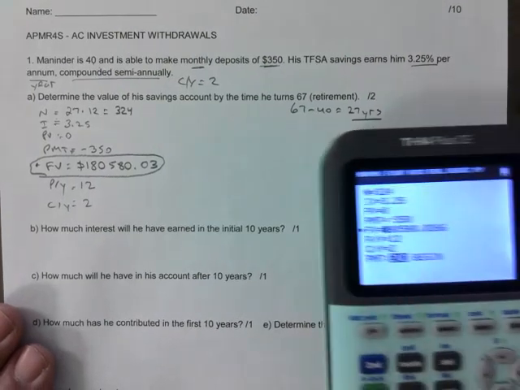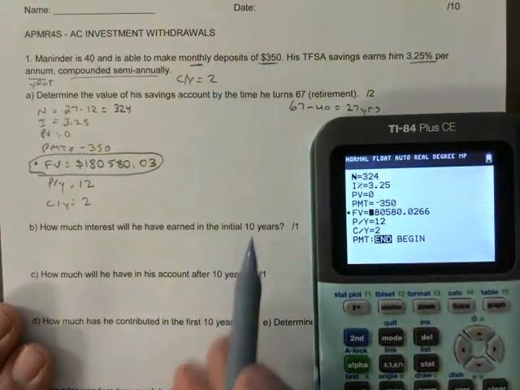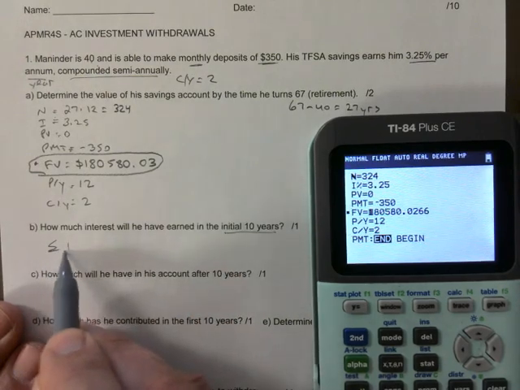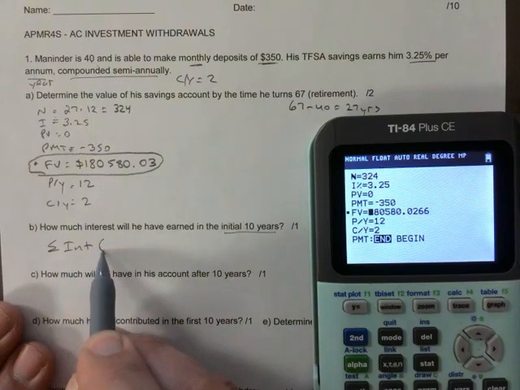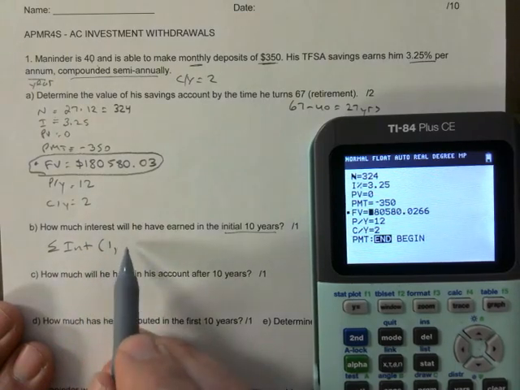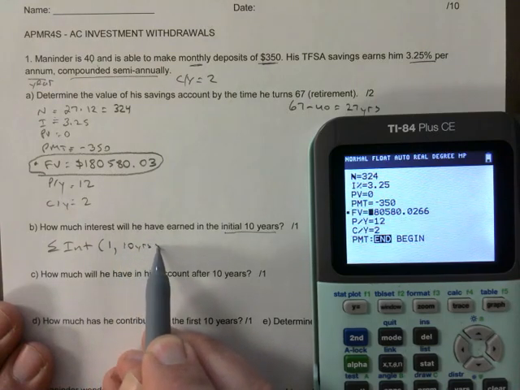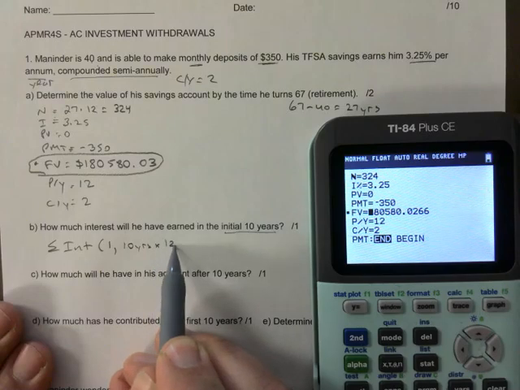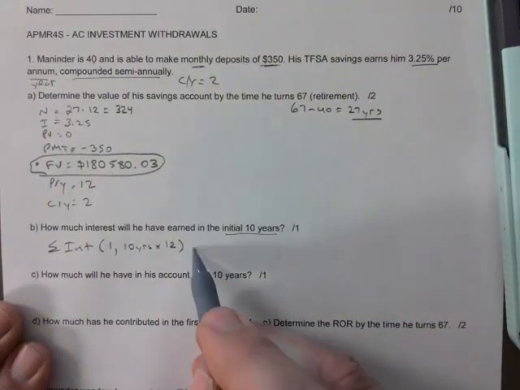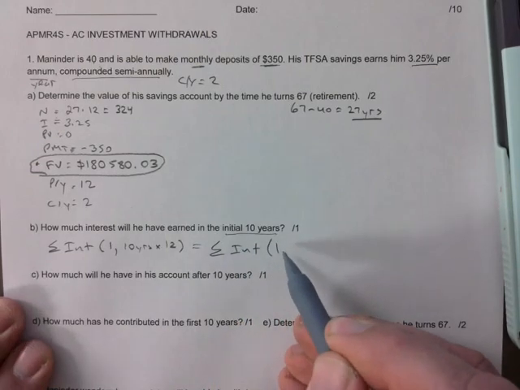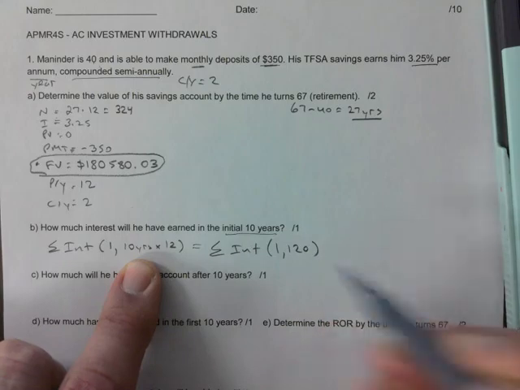How much interest will he have earned in the initial 10 years? Okay, so you have to use sum of interest. And we're going to go from the very first to you got to go 10 years multiplied by PY. So that translates to sum of interest from the very first to the 120th month. Okay?